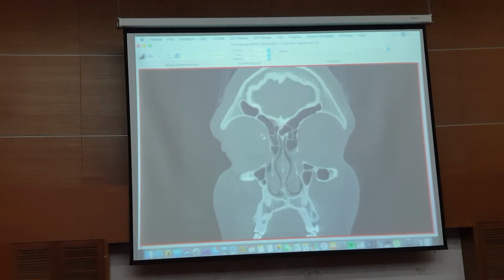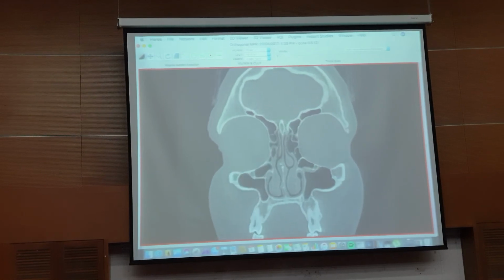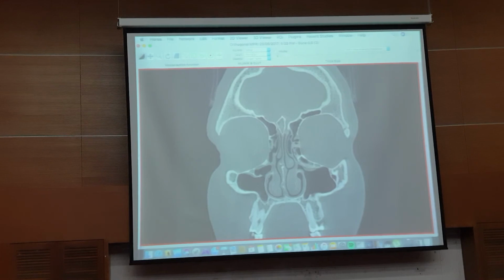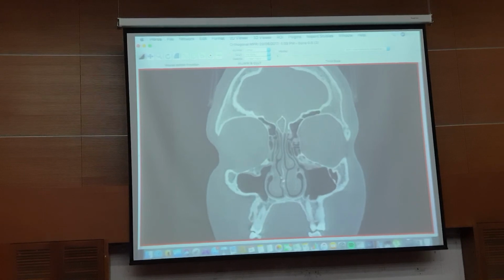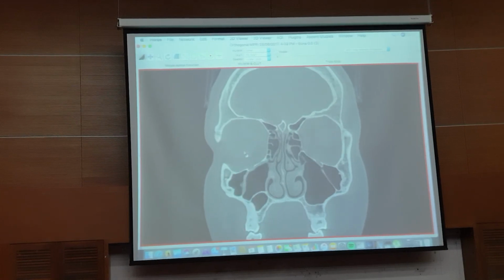Okay, the nasal valve is maybe a bit narrow on the right side. But you should be able to see something right about now. Haller cells. Can you see them? So bilateral Haller cells. And you should be able to see something around here as well. Pneumatized uncinate processes? Yes, clever. And this is the crista galli, and sometimes that can be pneumatized also.